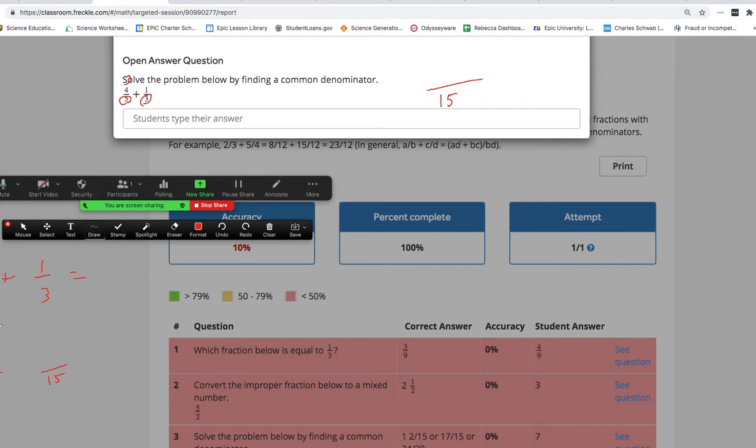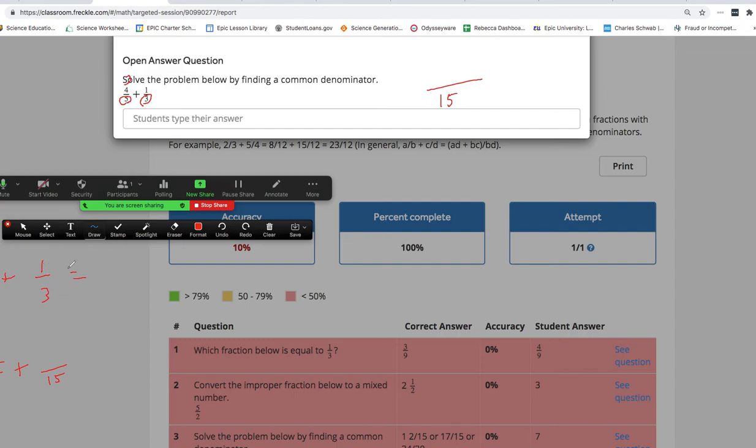5 times 3 is 15. Since I multiplied the bottom number times 3, I have to multiply the top number times 3. So 4 times 3 is going to be 12. Again, I'm trying to get 3 to 15. 3 times 5 is 15, which is easy because you multiply these by each other. But now I have to do that to the top.